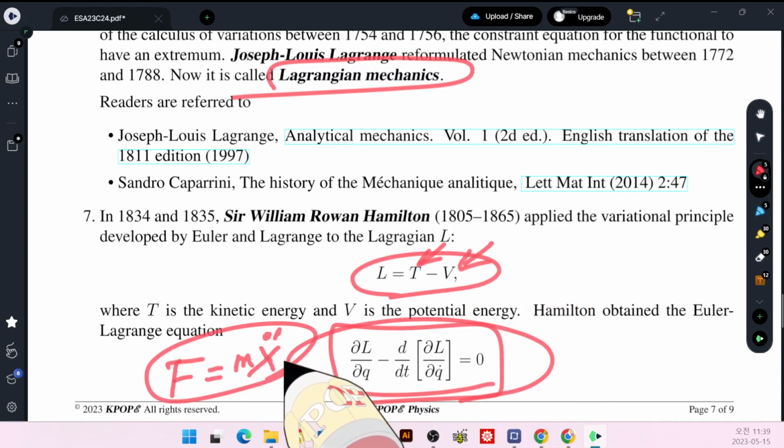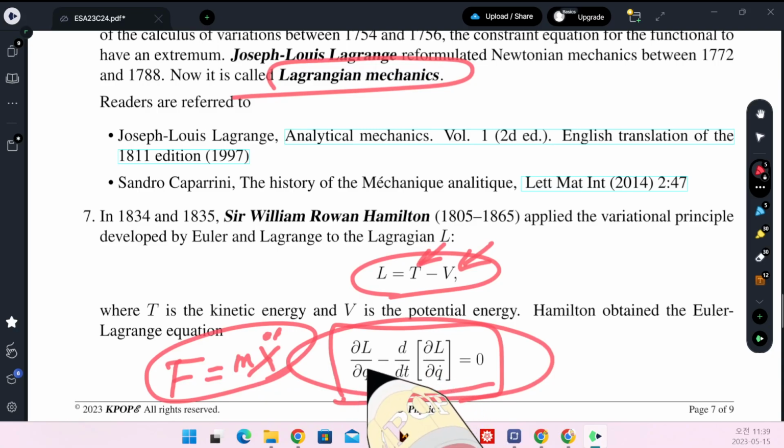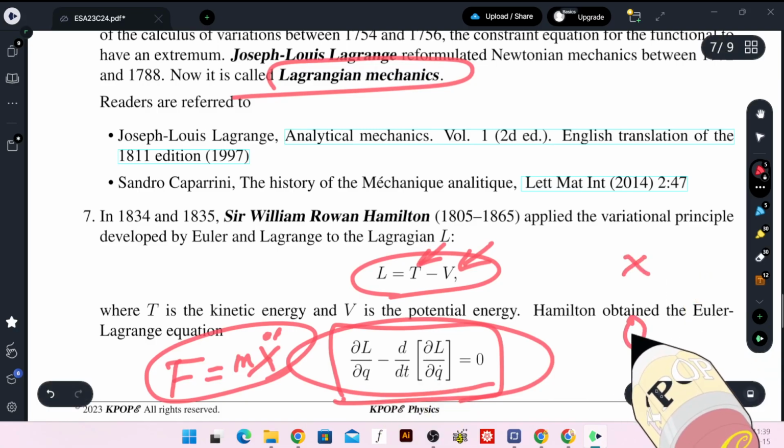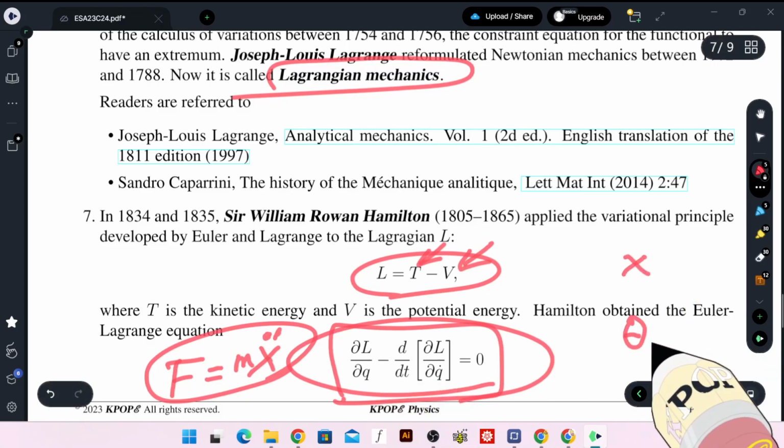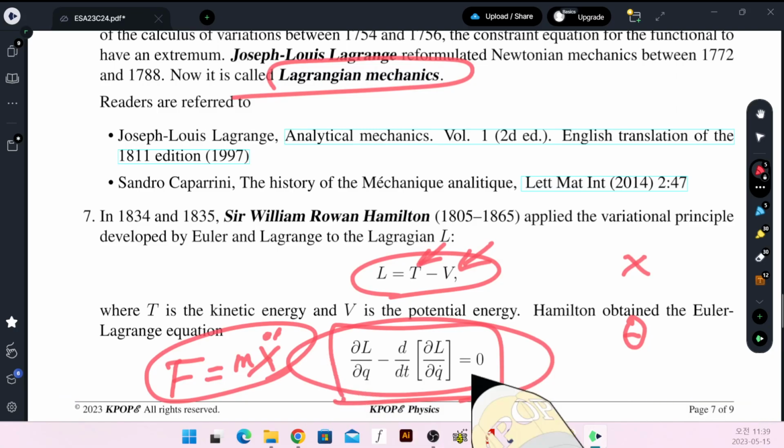And this coordinate x is generalized to q because sometimes the coordinate x is required, and sometimes, for rotation, an angle that is dimensionless is required. In any case, Lagrangian mechanics works fine.